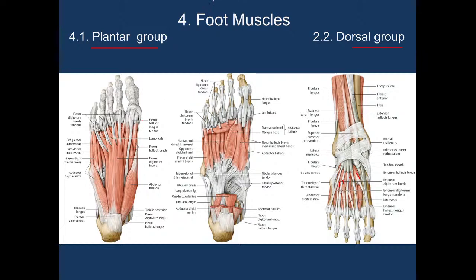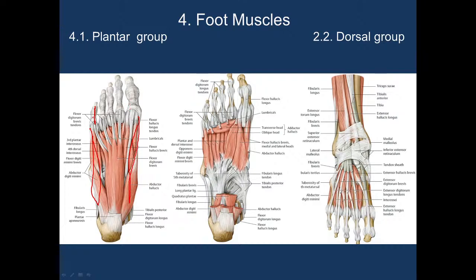The plantar group has the same differentiation, same classification as for the hand, but we distinguish the medial group of the muscles and the lateral group, which connect tarsal and metatarsal bones with the digital bones.